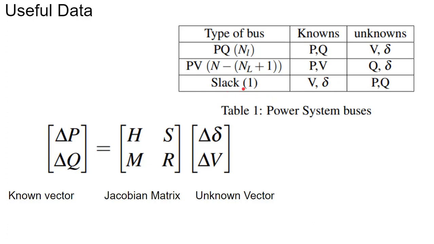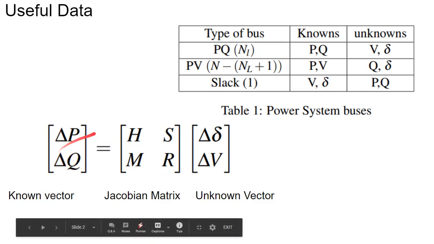Slack bus. Slack bus means V is 1 at an angle 0. So, the known values are V and delta. So, unknown values are P and Q. So, from the Newton-Raphson method, these are the matrices that are governed by the load flow studies. Here, delta P and delta Q are the known vector and delta delta and delta V are the unknown vector.